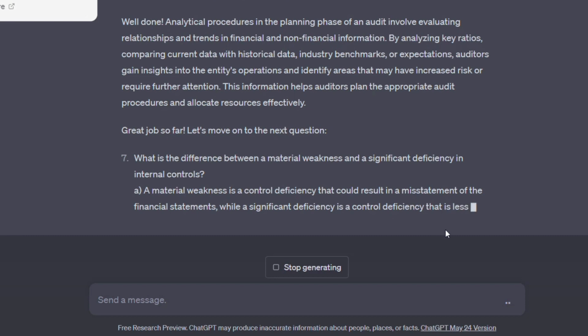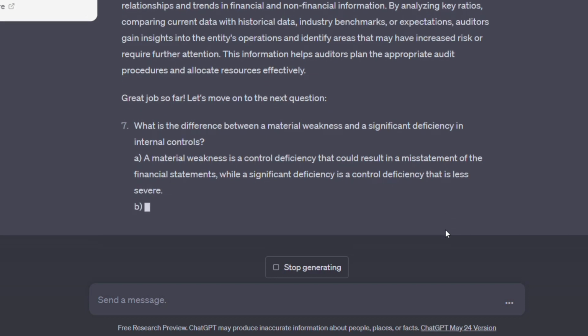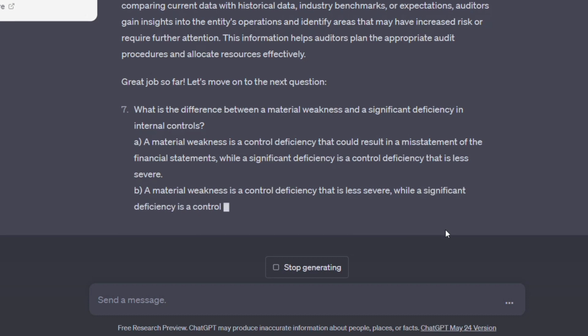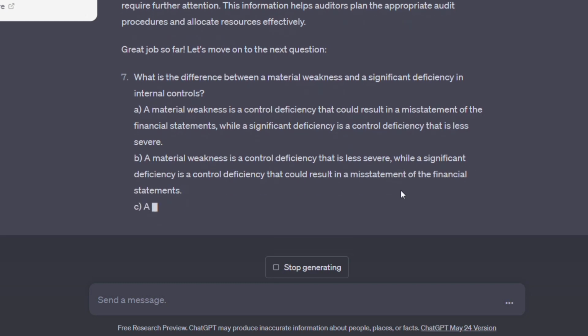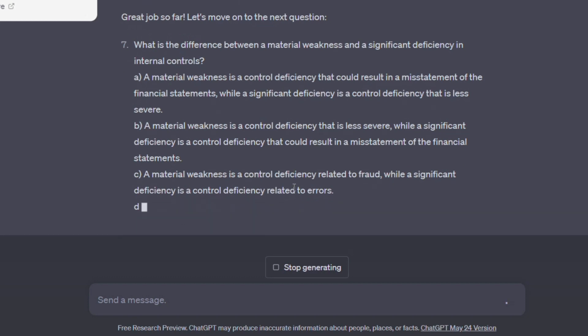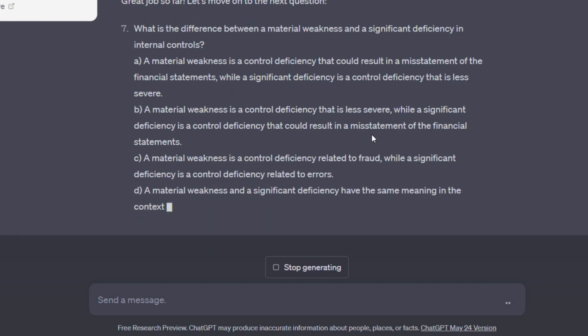I don't know about this. A material weakness is a control deficiency that is less severe, while a significant deficiency in internal control is that could result in a misstatement of financial statements. I don't know about this. A material weakness is a control deficiency related to fraud, while a significant deficiency is related to errors. I guess this is not letter C. I'm going to cross that out.